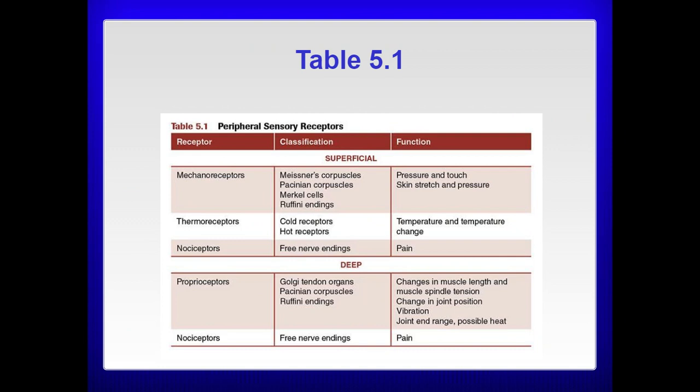We have our proprioceptors, which are the Pacinian corpuscles, Ruffini endings, and Golgi tendon organs, which also cause pain changes. So touch, vibration, temperature, and proprioception all provide information to the central nervous system about pain. Knowing the differences, where they're located, and what they do is really important as well.